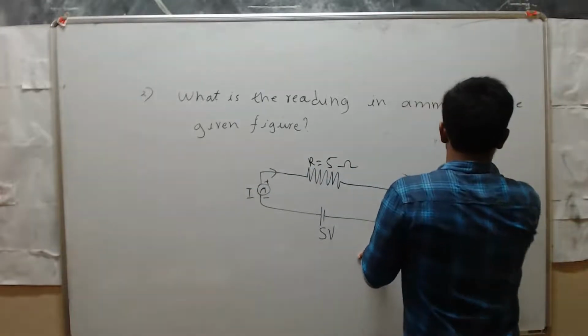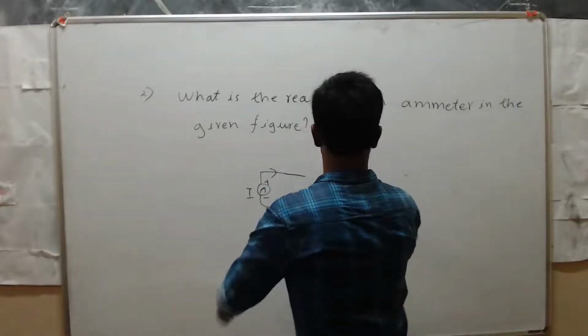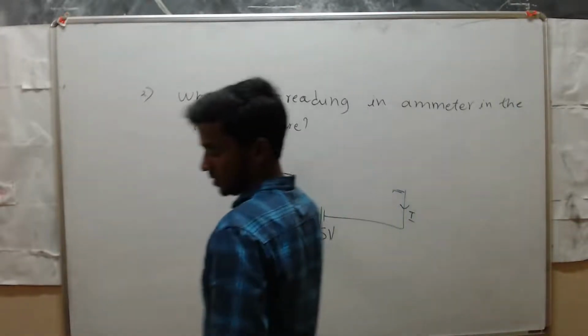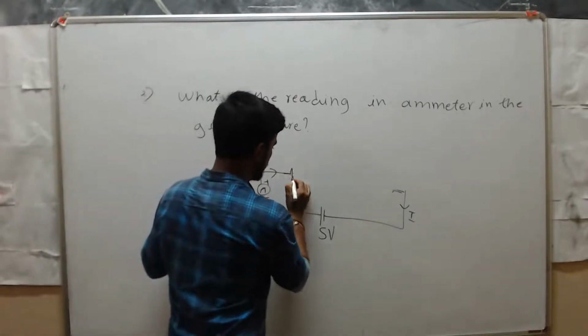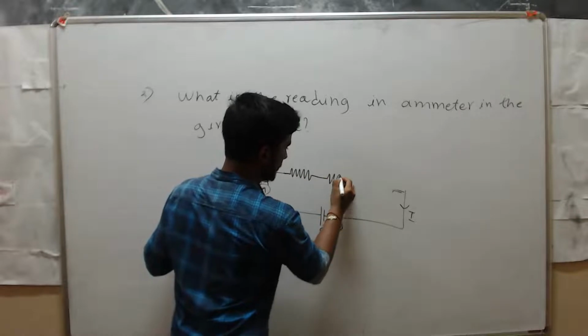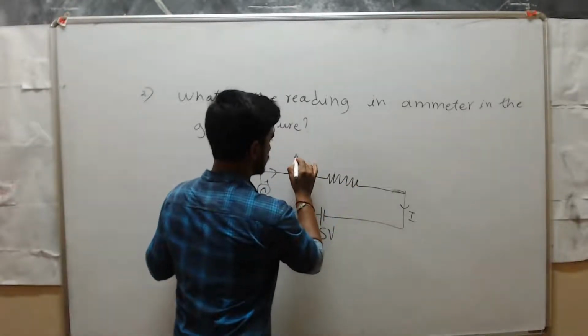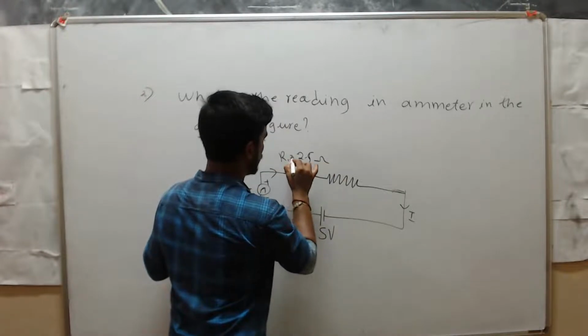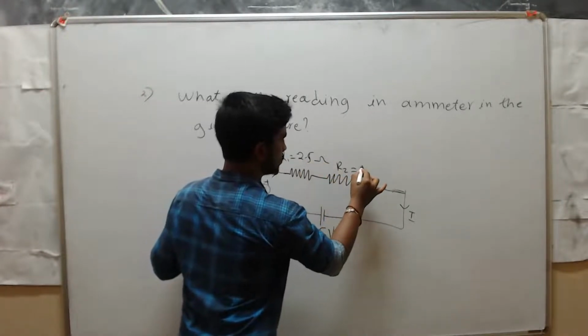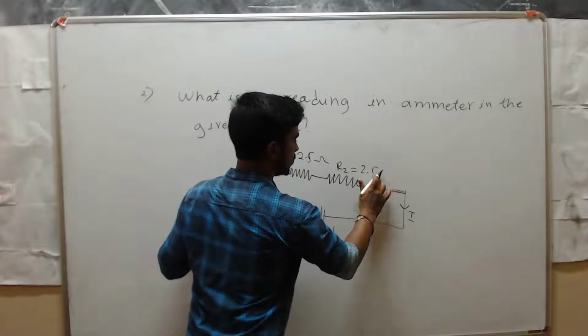See here now, calculate voltage. R1 equal to 2.5 ohm, R2 is equal to 2.5 ohm.